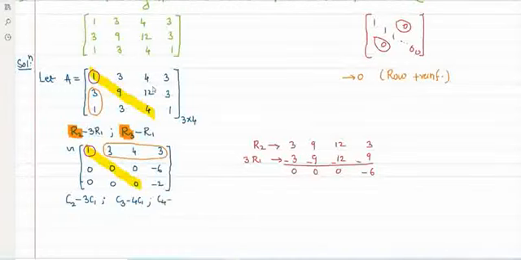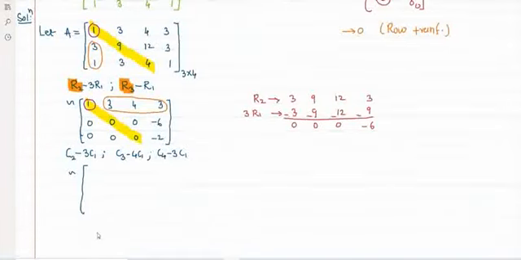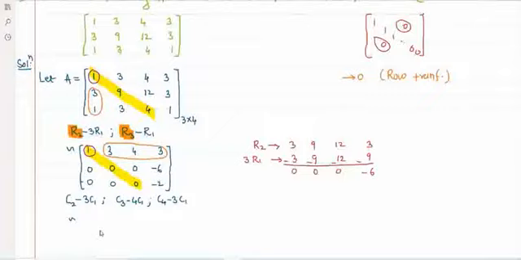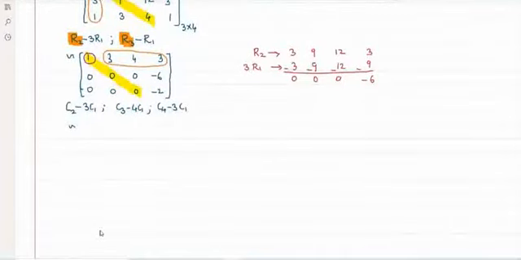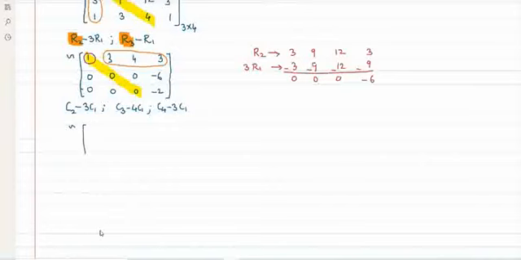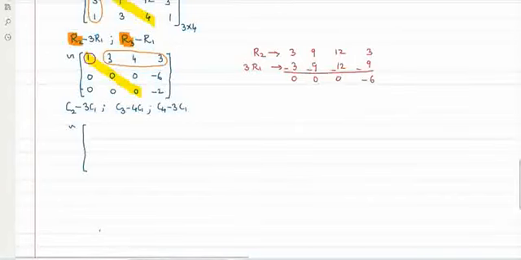Now once again you are getting a new matrix equivalent to the given matrix, by applying the elementary transformations. Now in this case, sorry, I am applying column transformations. That's why I will write this matrix column wise.